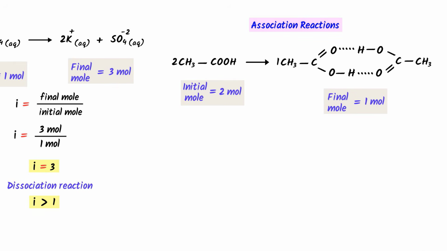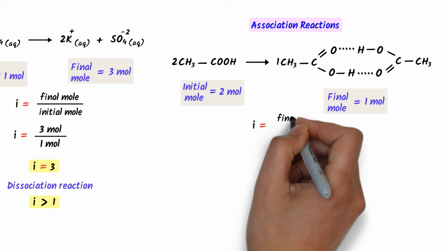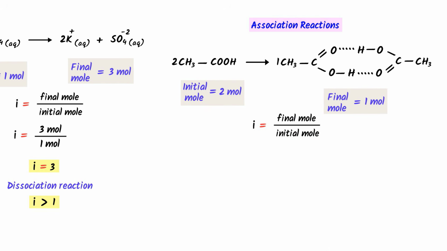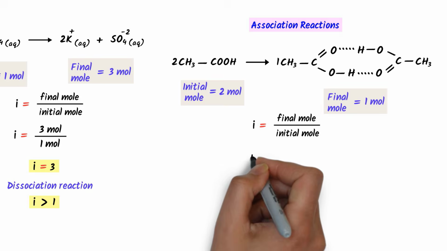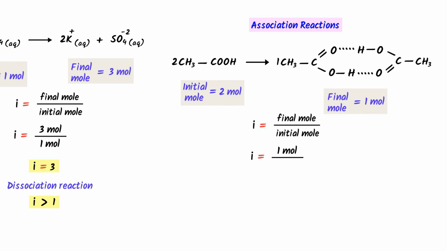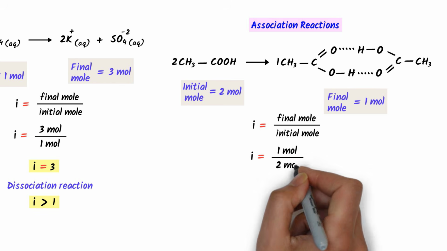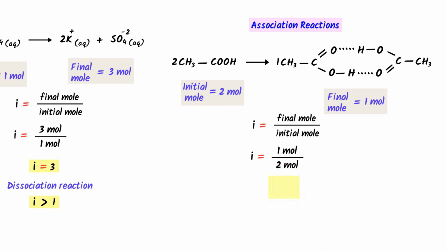We know that Van't Hoff factor i is equal to final moles of a solute upon initial moles of a solute. The final moles of a solute is 1 mole, the initial moles of a solute is 2 moles. I get i is equal to 1 by 2. Thus the Van't Hoff factor of this reaction is 1 by 2.